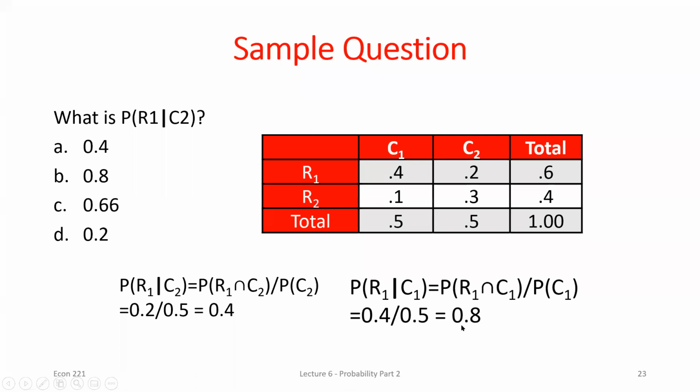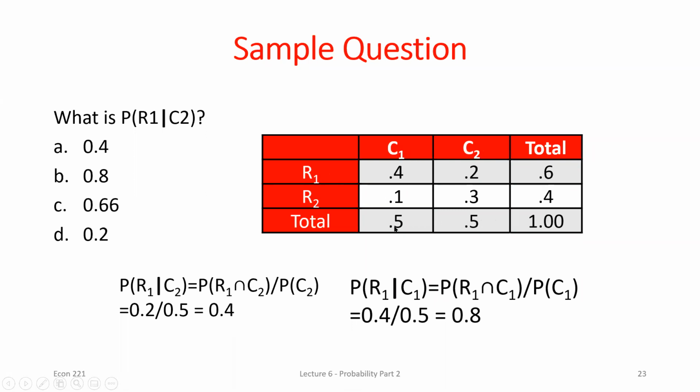But what this is really telling me is, look, if I'm not conditioning on anything, 60% of that space is in R1. However, if you tell me that C2 has occurred, I'm limiting the space I'm looking at to just half of that area, so 0.5. And of that 0.5 area, 0.2 is in R1.